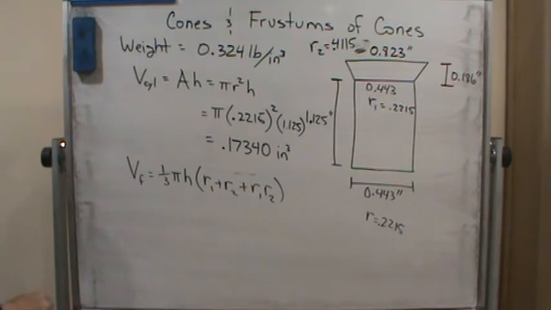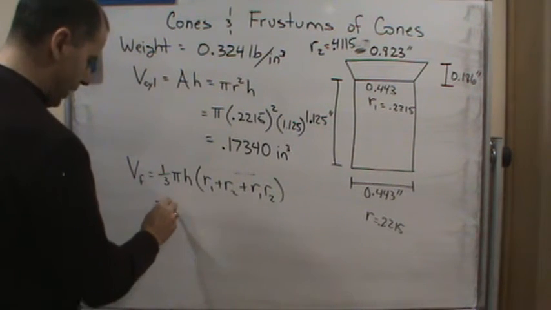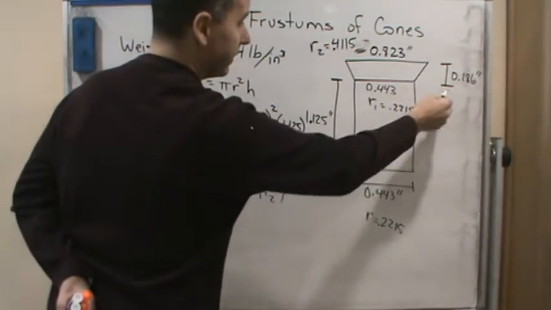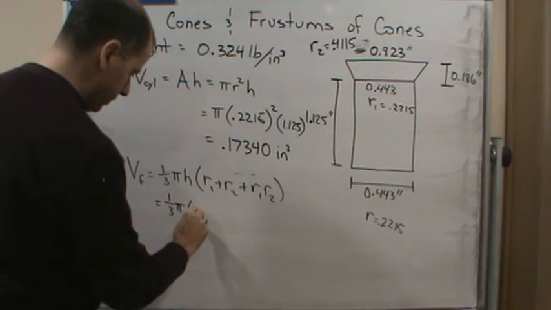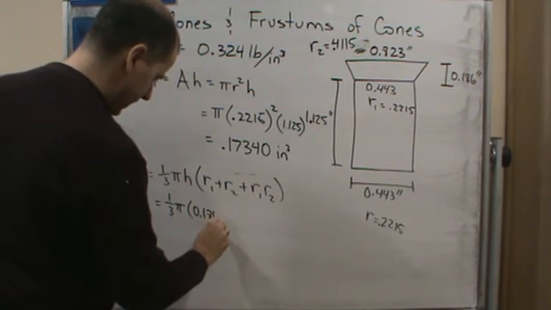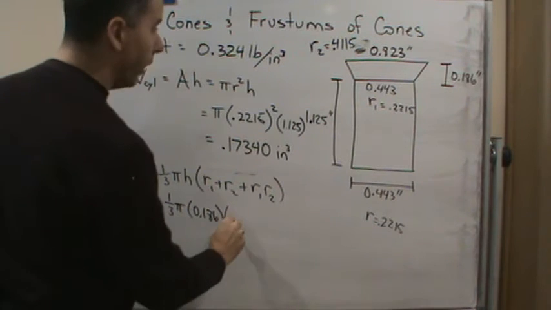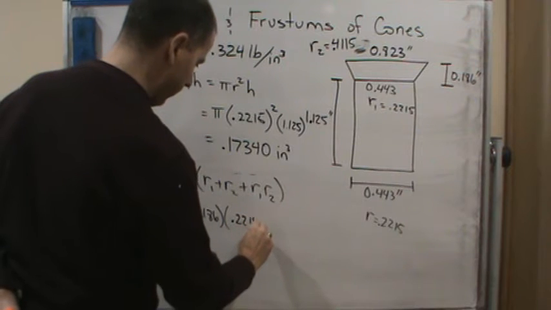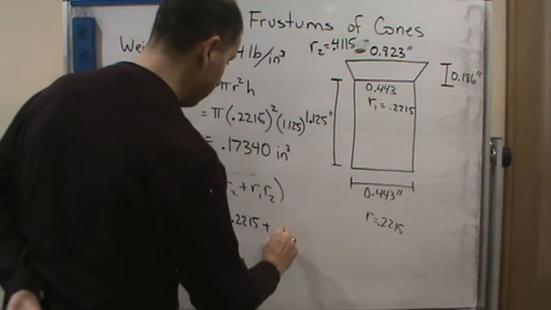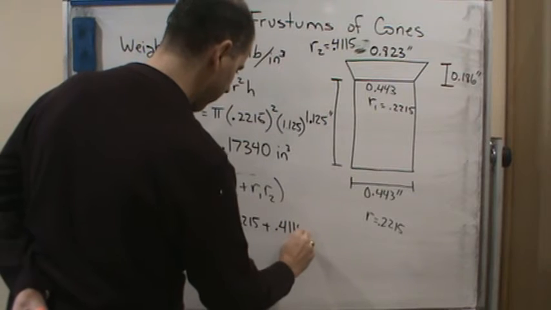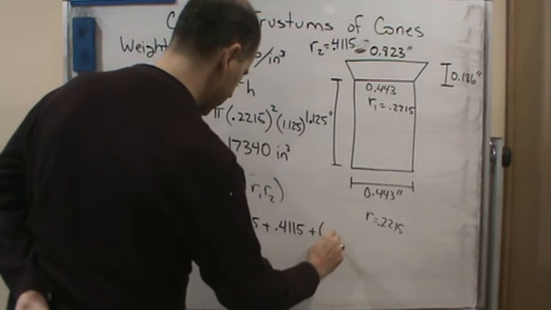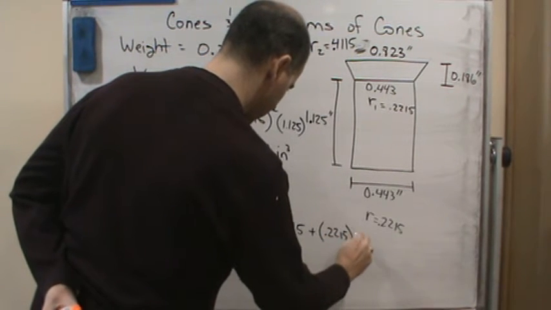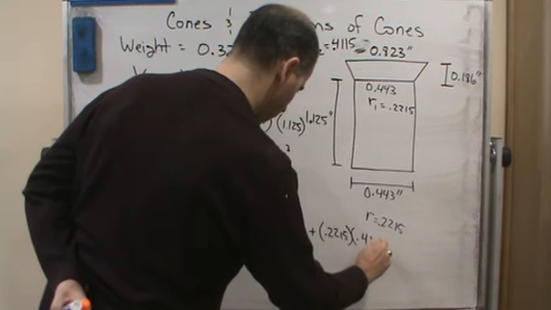Filling in our information, it's 1/3 pi times the height, 0.186, times 0.2215 plus 0.4115 plus the product of the two, 0.2215 times 0.4115.